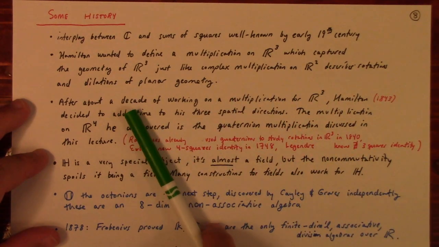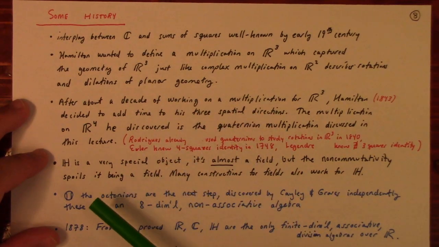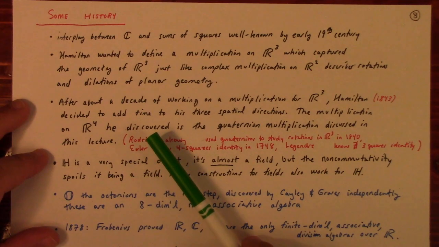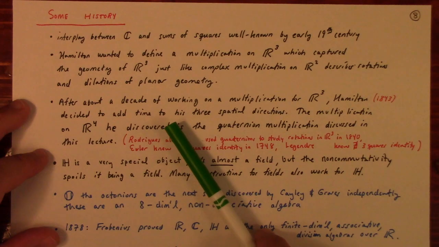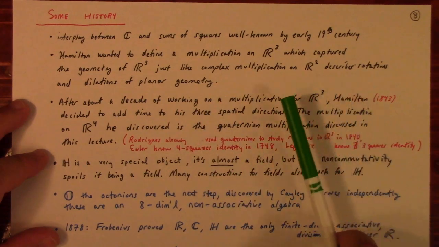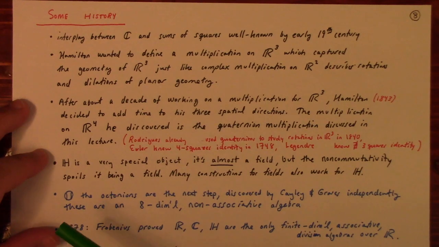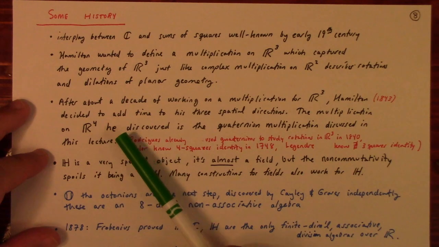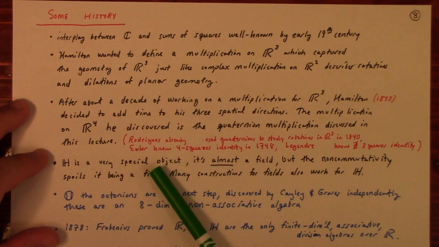After about a decade, actually 13 years, of Hamilton working on finding a multiplication for R3, he realized that it wasn't going to work, and he decided to add time to his 3 spatial dimensions. Once he did that, it kind of unfolded in front of him. The multiplication on R4 which he discovered is the Quaternion multiplication that we've discussed in this lecture.